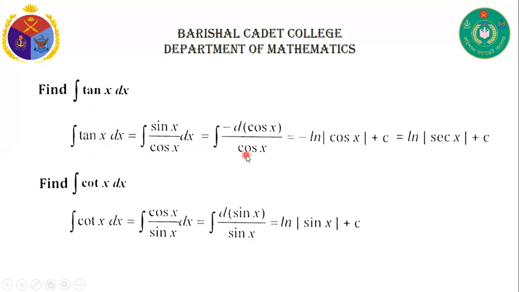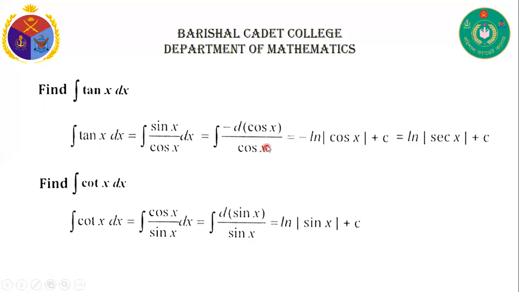In the previous page we said that the integration of g of x divided by f of x dx equals ln of f of x, where g of x is f prime of x. So here again we use the same formula.